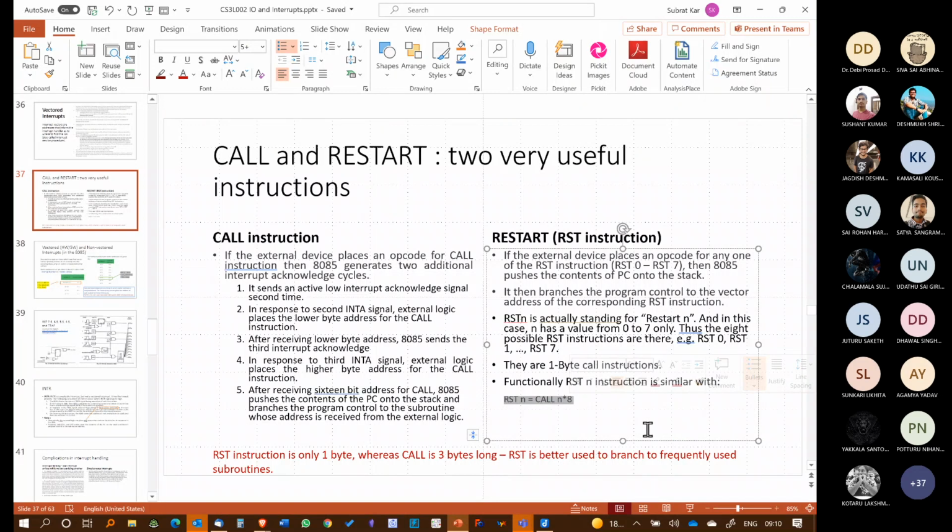If I say RST N, then it is the same as saying call N into 8. Behaviorally, I would say, not functionally, that's what happens. But the restart only takes 1 byte. So if you are going to frequently branch or there's a subroutine to which you frequently go, better to use RST or restart than call, because call is 3 bytes, RST is 1 byte.